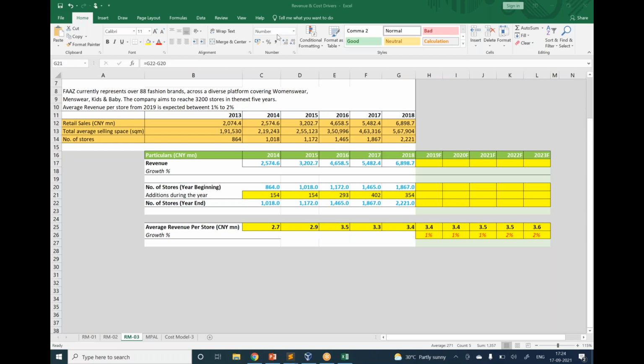Then in the coming years, how many stores do you think they will add every year?